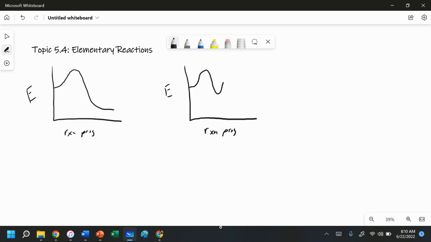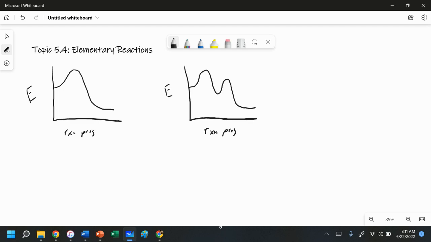Then those intermediates react, another activation energy, that requires more energy, and then they produce a product. This particular energy diagram has two elementary steps. One creating an intermediate, and then those intermediates producing our final products. So this would be a two-step reaction with two elementary steps. An elementary step simply has one transition state and no intermediates.